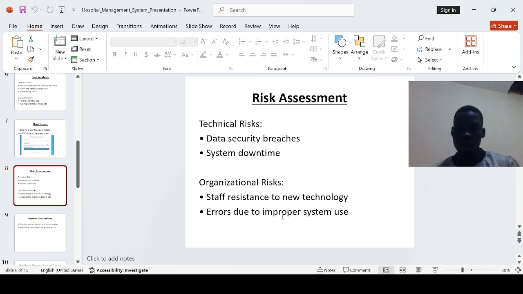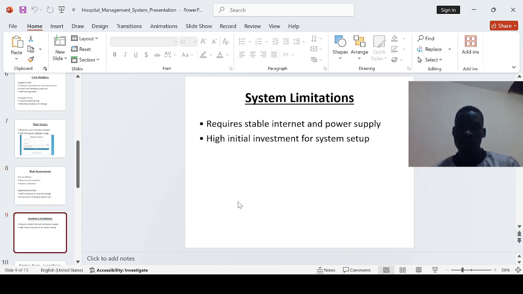Then errors due to improper system use. Other staff could lack knowledge in using this system, which would lead to errors. Then there is system limitation, where the system requires stable internet.